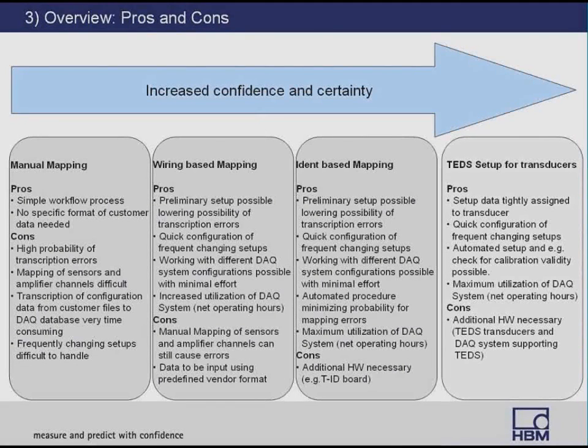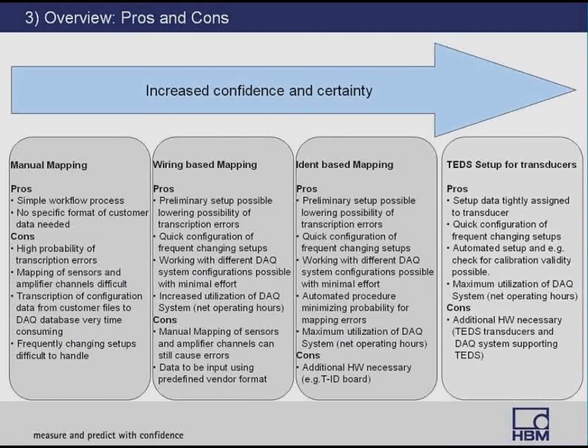The cons are the manual mapping of sensors and amplifier channels can still cause errors, and for the data to be input, you have to use a predefined vendor format. Then, looking at the ident-based mapping, the pros are a preliminary setup is possible, lowering the possibility of transcription errors, quick configuration of frequent changing setups.